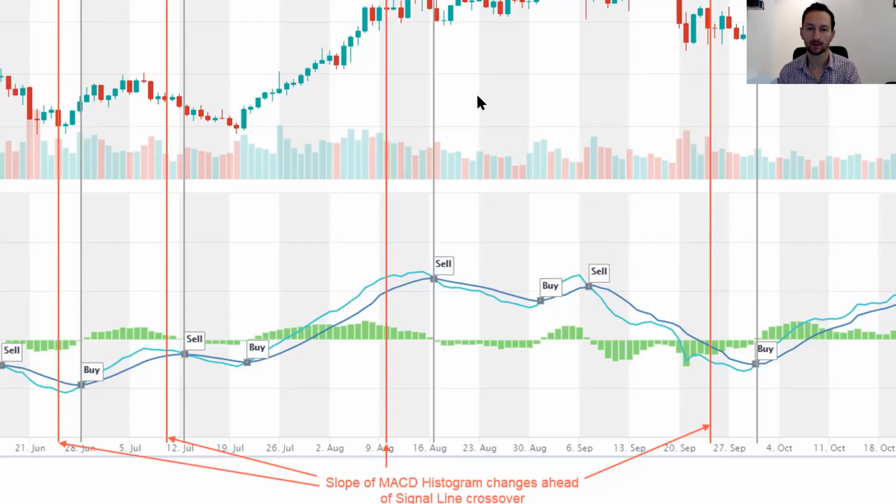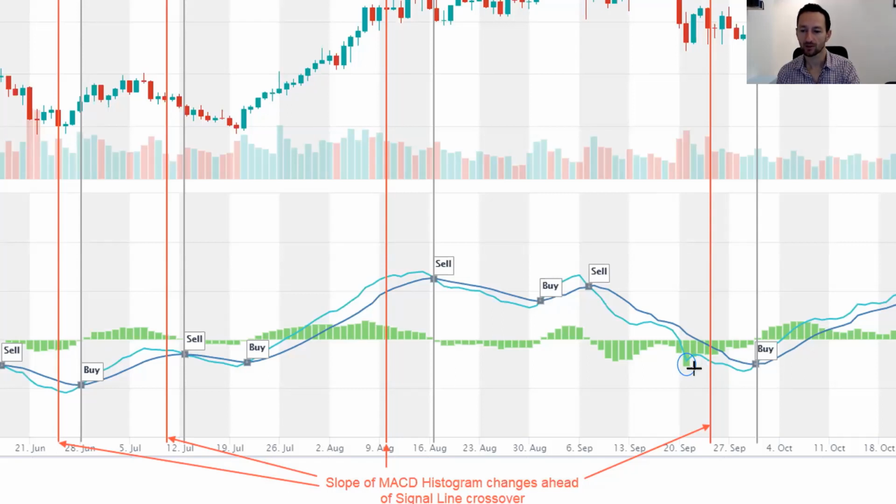So right here, the price was declining or flatlining, and so the histogram bars were in the negative here, right? They were really ugly right here, but after that, they started improving.